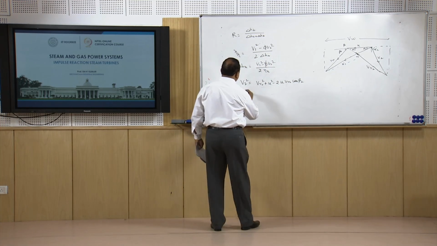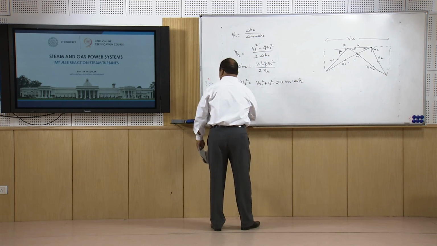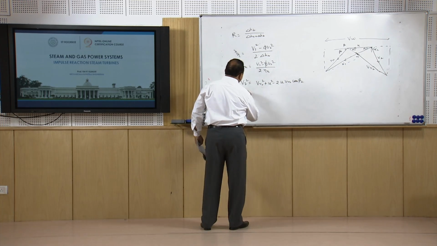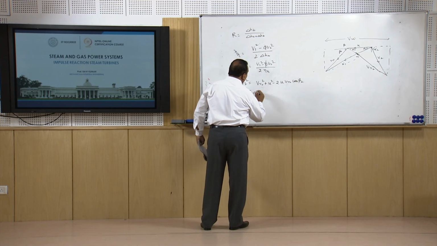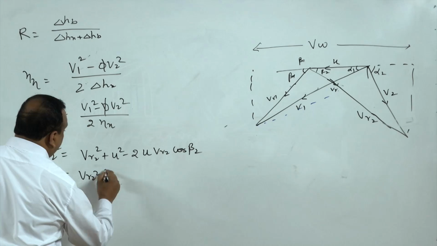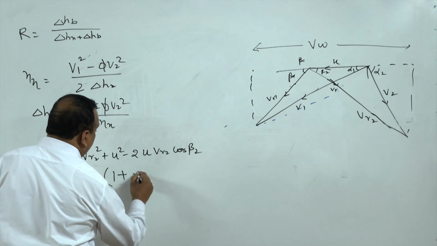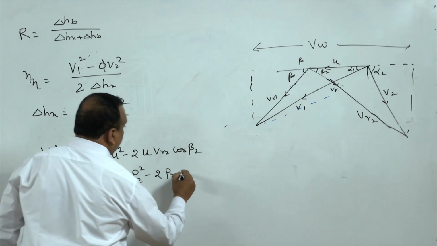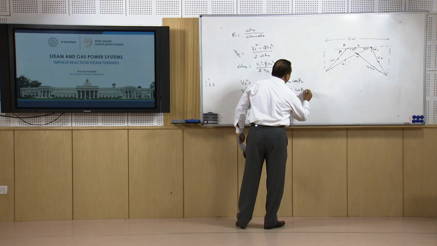And if we take VR2 square common, then V2 square is equal to VR2 square times 1 plus rho 2 square minus 2 rho 2 cos beta 2.